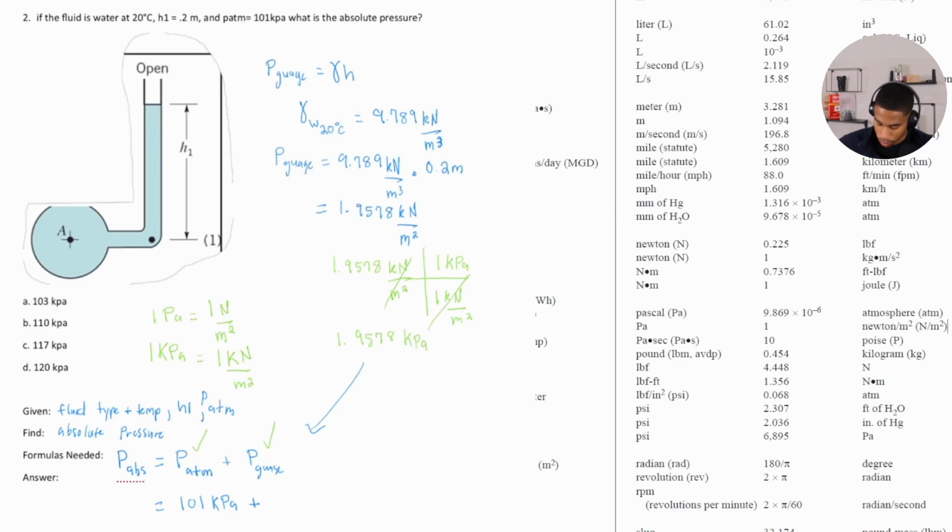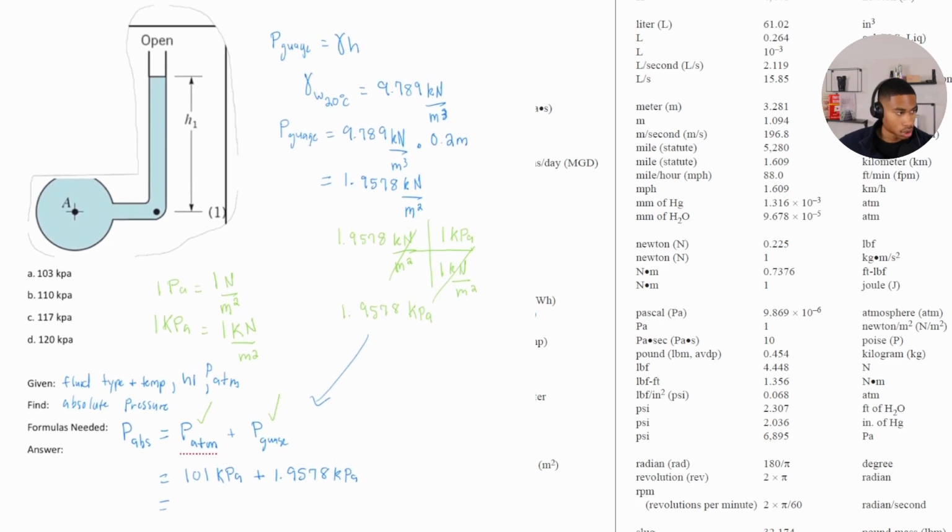So 101 kPa plus 1.9578 kPa, and we are left with 102.95 kilopascals. Right. So closest thing to that is A at 103 kilopascals.